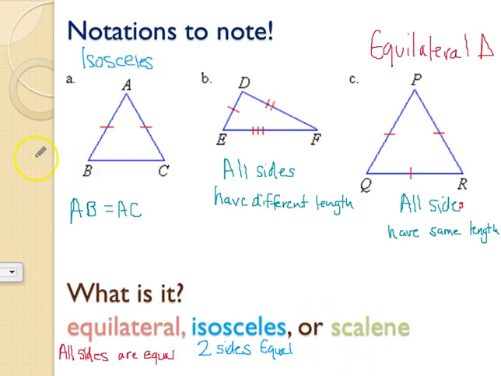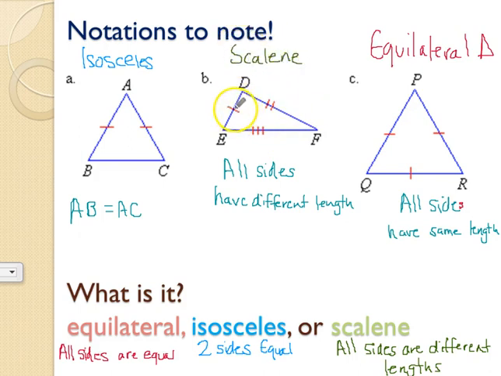And then last but not least, scalene, where all sides are different lengths, which would make triangle B our scalene triangle, because we've got 1 tick, 2 ticks, and 3 ticks, letting us know that none of those side lengths are the same. So this would be our scalene triangle.